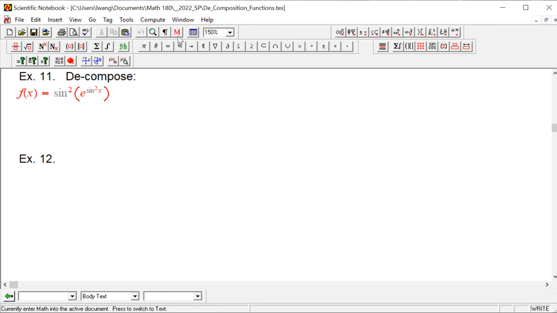And this other function is cosine square root of sine of tan pi x.